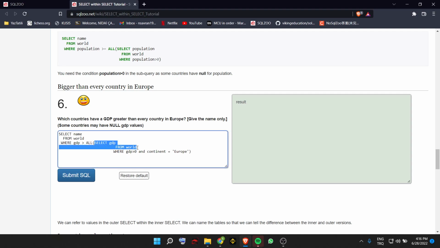It picks all the GDPs of all countries in Europe. Then I pick the names of countries where GDP is bigger than all of them. The ALL keyword takes all the GDPs in this select.